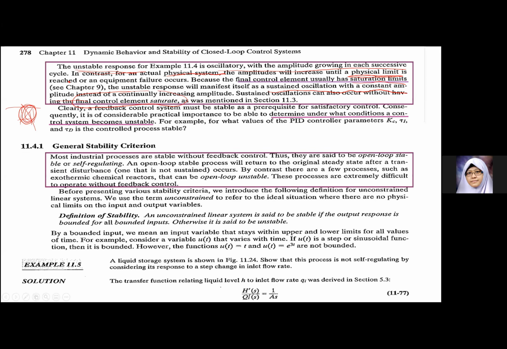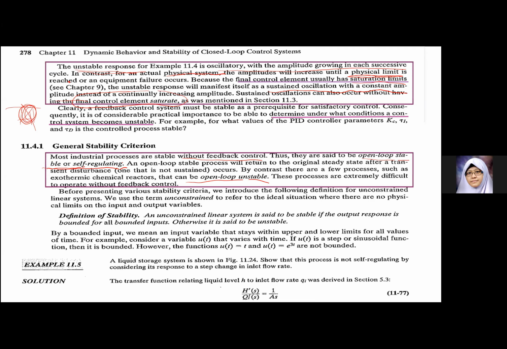Now, most industrial processes are stable without feedback control, but there are some systems that can be unstable without a controller. Okay, so we call them open loop unstable. If they are stable without having controllers, then we call them open loop stable or self-regulating.